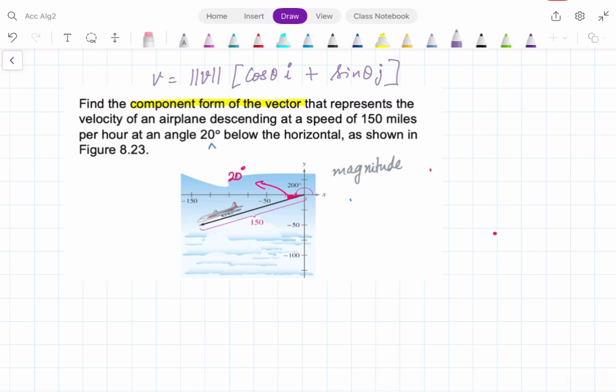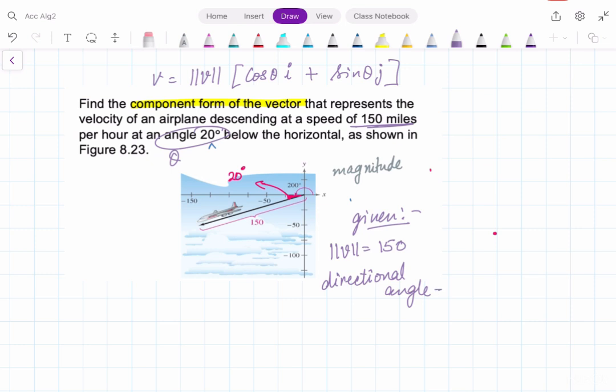So vector V, magnitude of V times cos theta i plus sine theta j, that will be your vector V. So we are given magnitude of V as 150 and the directional angle. We don't have to calculate the directional angle. Directional angle is already given as 20 degrees.